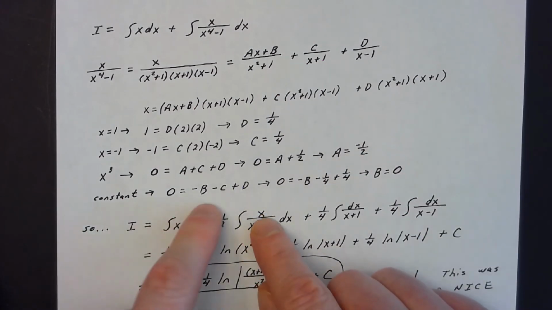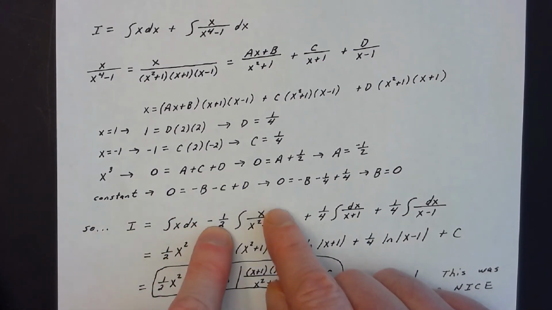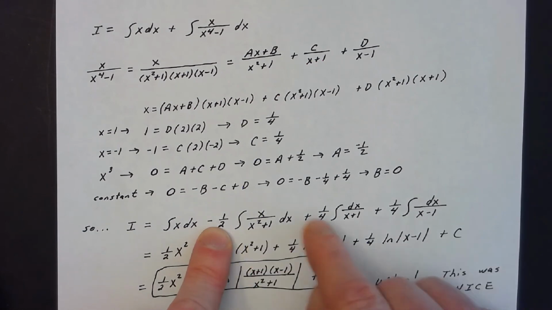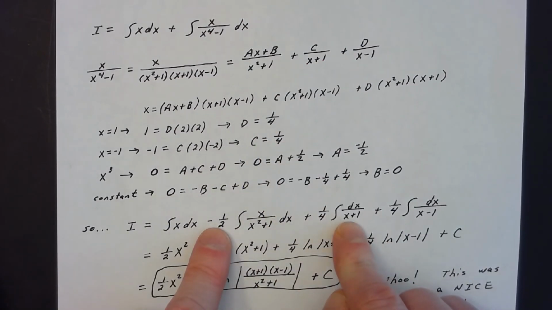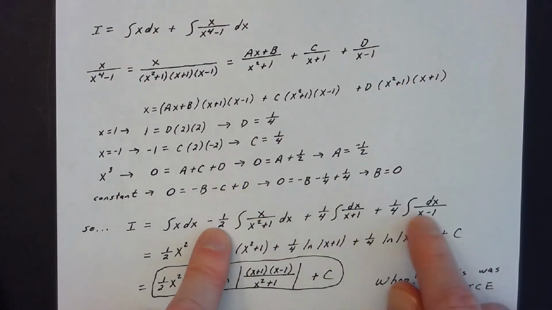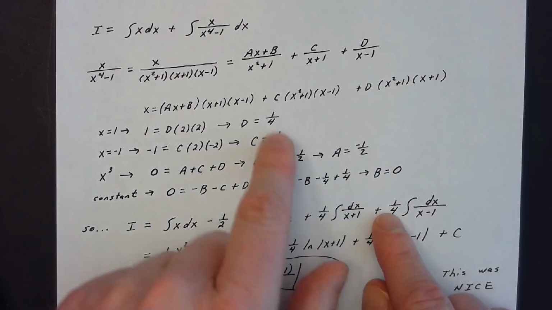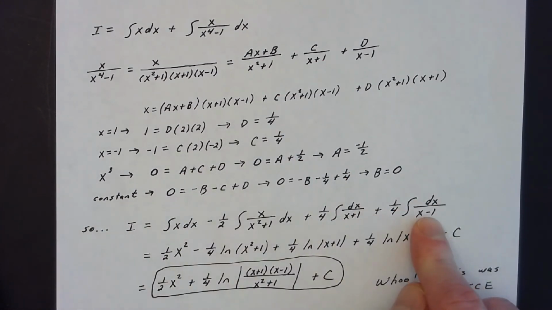Notice what I went ahead and did. Instead of putting the negative 1/2 in with the x, I moved it to the outside. Now, the second term, you have plus c over x plus 1. Well, I factored out the 1/4, 1 over x plus 1 on the inside. The last one, d over x minus 1, 1/4 over x minus 1. Again, I brought the 1/4 out in front and had 1 over x minus 1 on the inside.